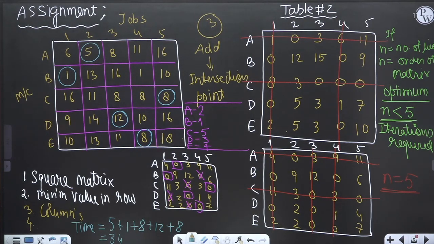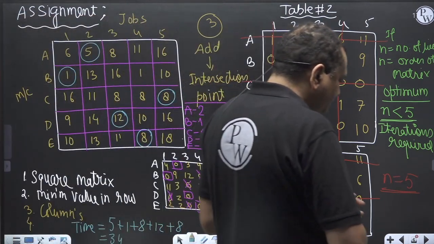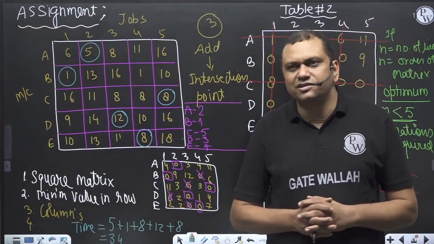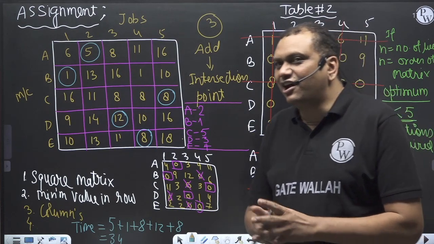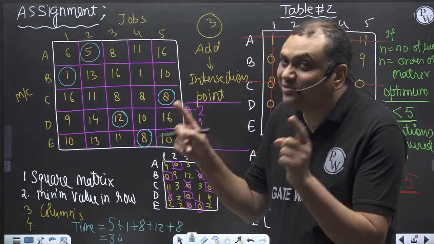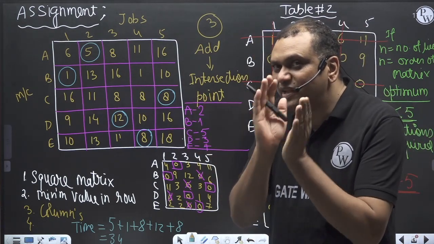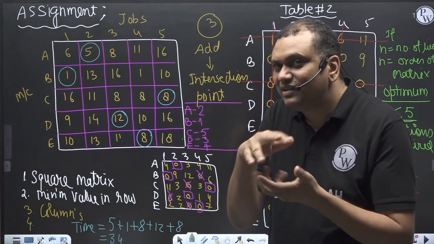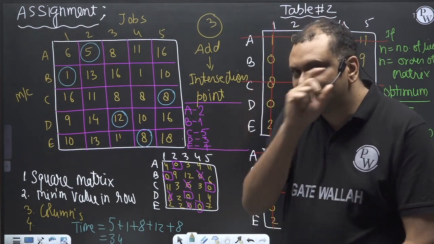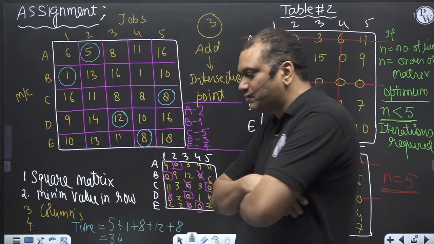Okay. So this is the procedure of how we allocate the machines to different jobs, so that my total processing time is minimum.